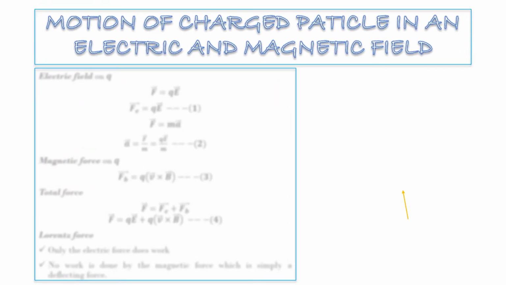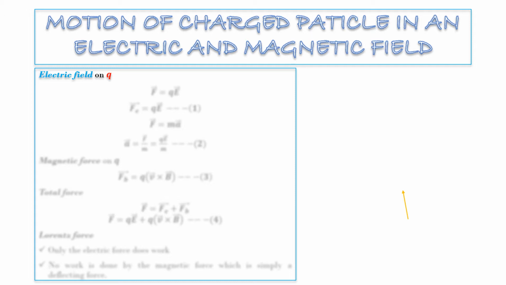So what is meant by electric field? In general, field means there is a force which acts around a region of space. So we have to find out the force when we keep a test charge Q in the region, that means in a space there is a force that will act on it.